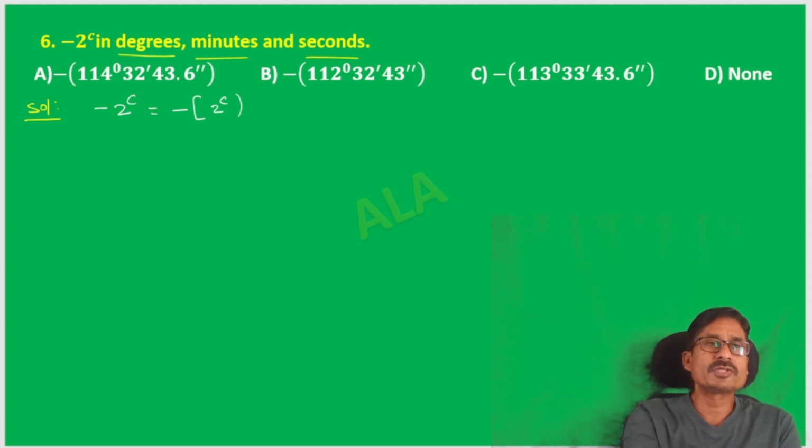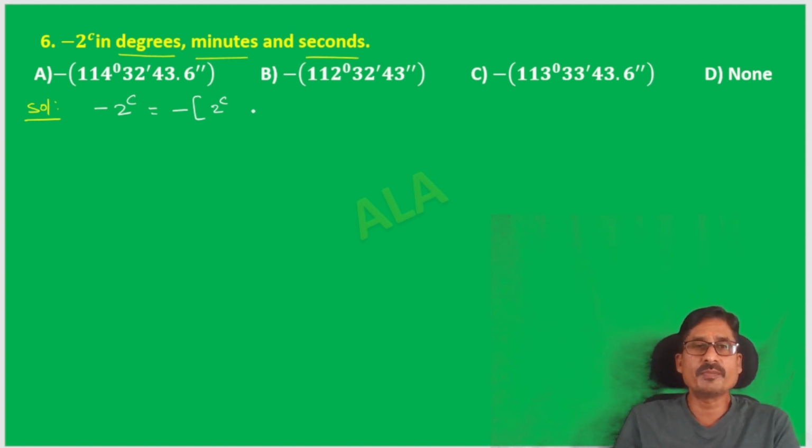1 radian is equal to how many degrees? 180 by pi degrees. 1 radian is equal to 180 by pi degrees.